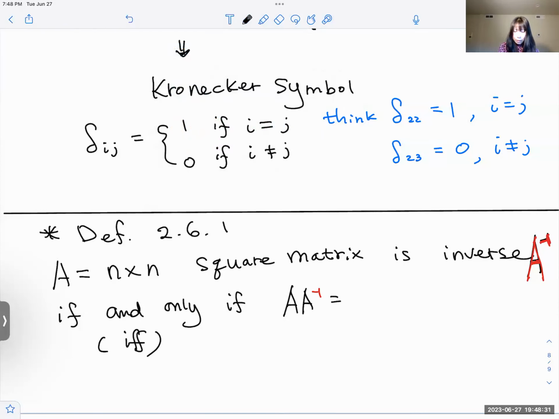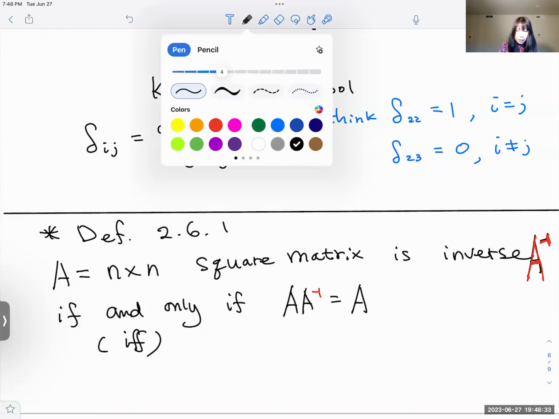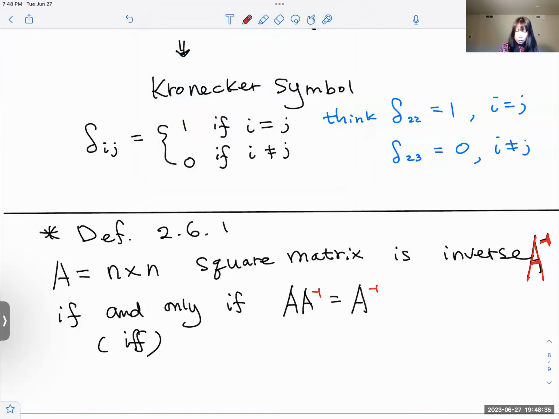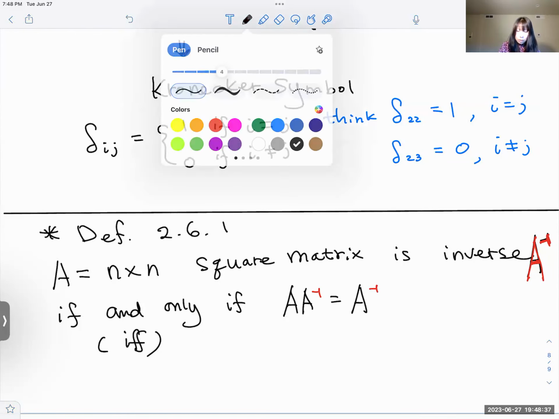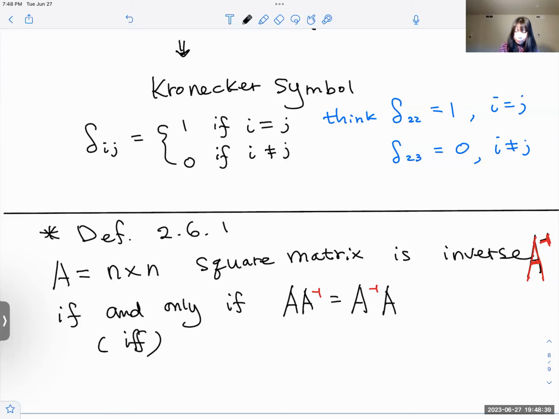Then we have A inverse times A equal to identity. And for the identity, we are not using m by n in this case because we know it's the same size, which is a square matrix, so we are using just n, right?